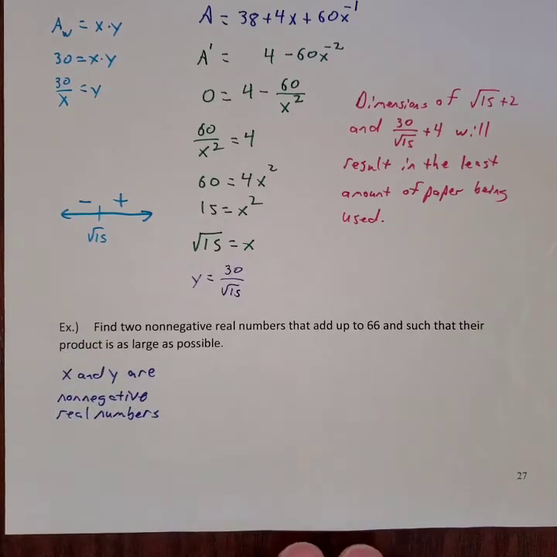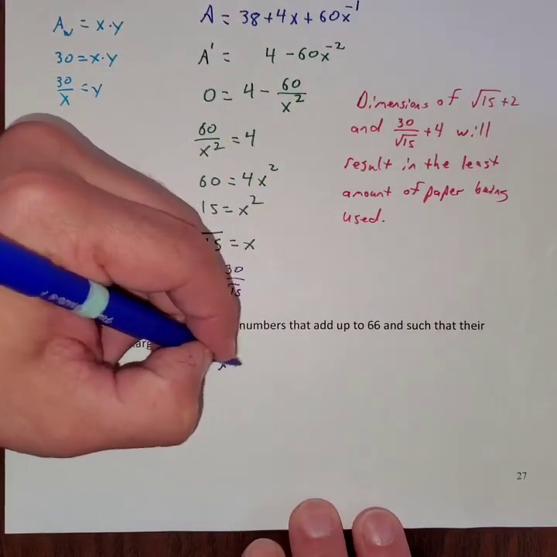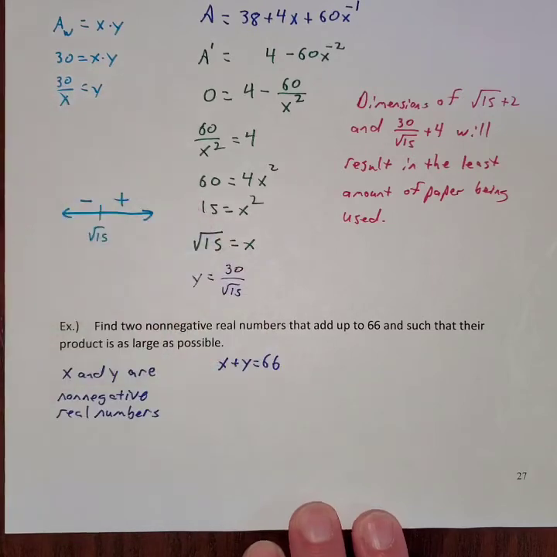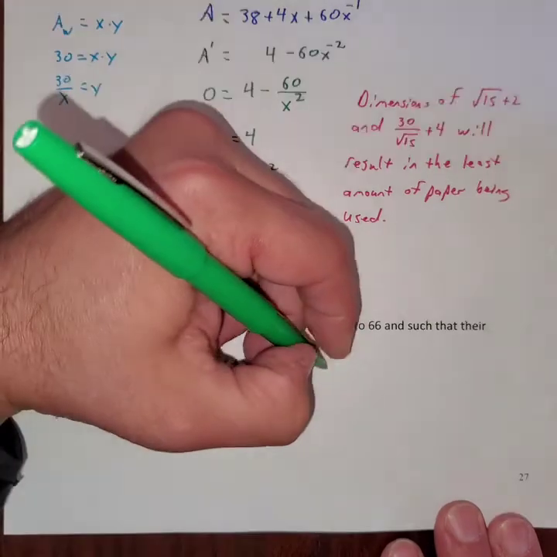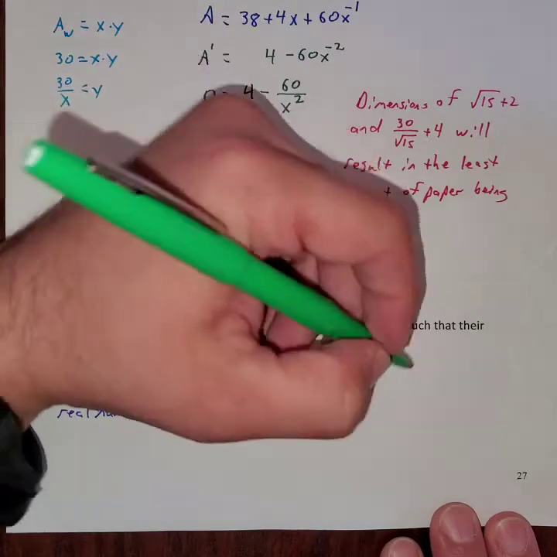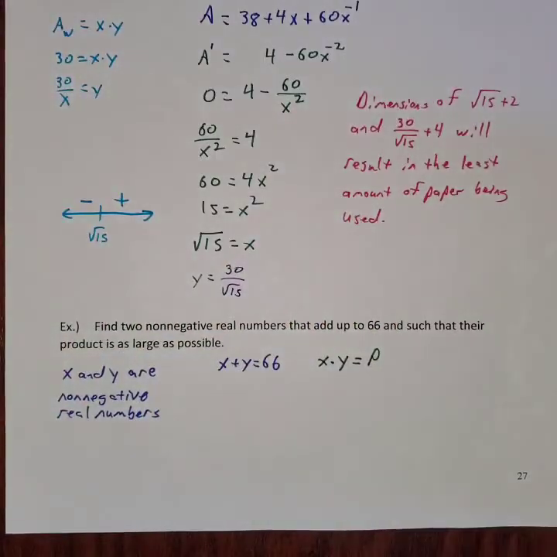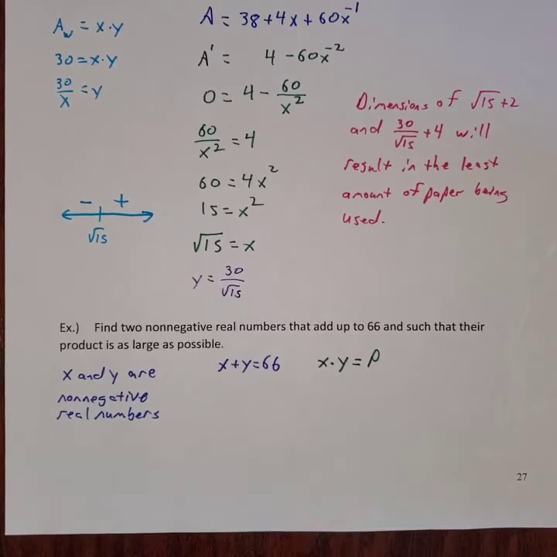They add to 66, so X plus Y equals 66. And their product is as large as possible, so I want X times Y, the product, which I'll call P. We want to know when the product is the largest.